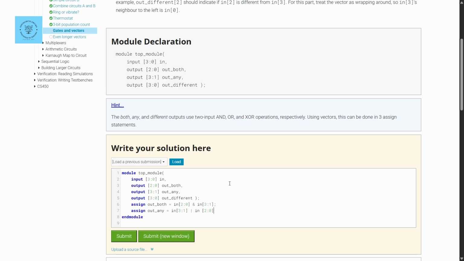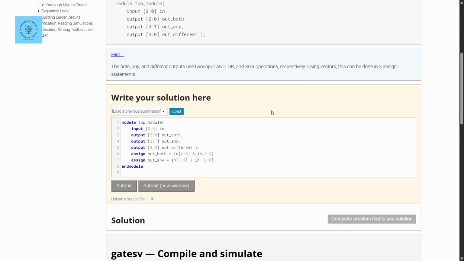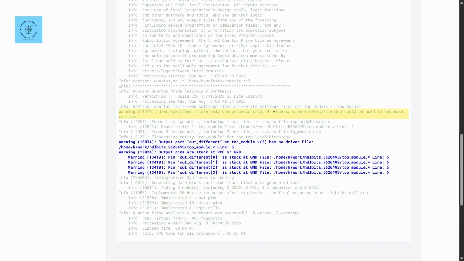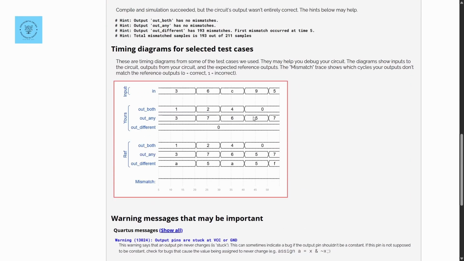Okay, let's submit the code and see if out_any is matching or not. As you can see in the timing diagram, our output is correctly matching the reference output.